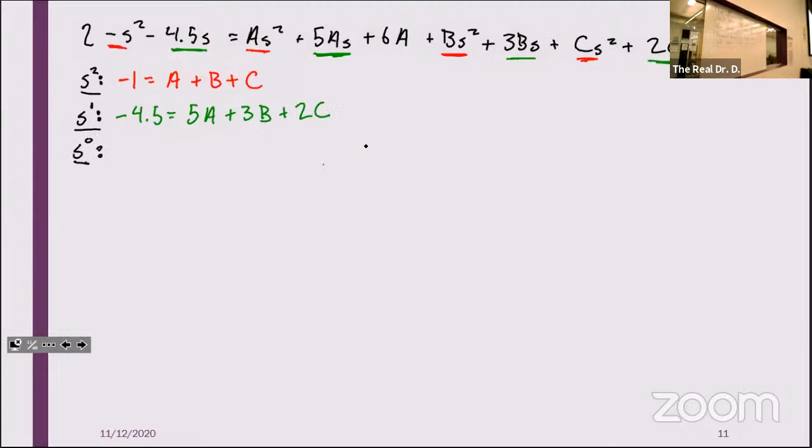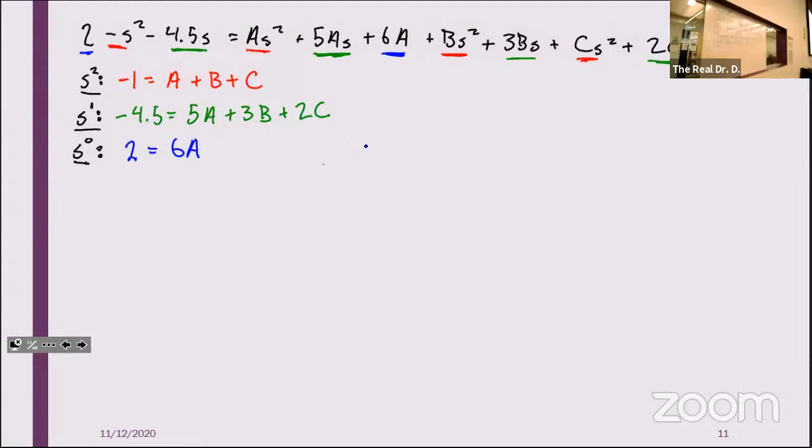And my s to the 0 terms, we'll underline those in blue. 2 is equal to 6 times a. S to the 0 is just 1.